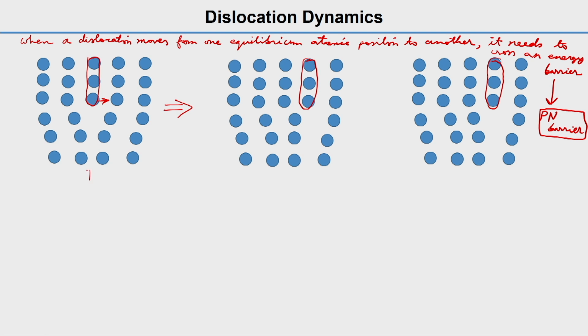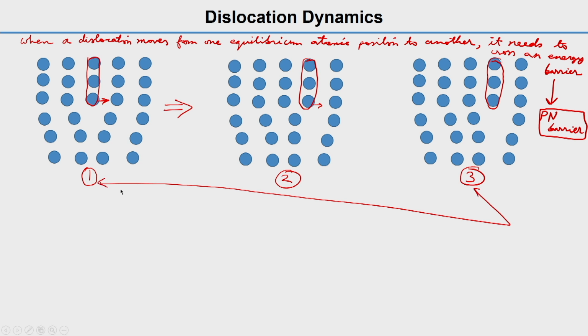This is equilibrium position 1, this is position 2, and this is position 3. Numbers 1 and 3 are equilibrium positions and they are stable. These are stable equilibrium. But number 2 is a little different.